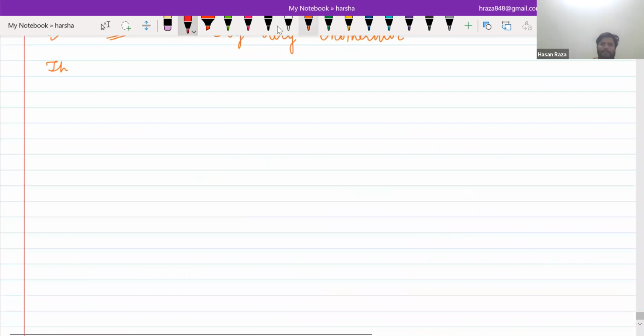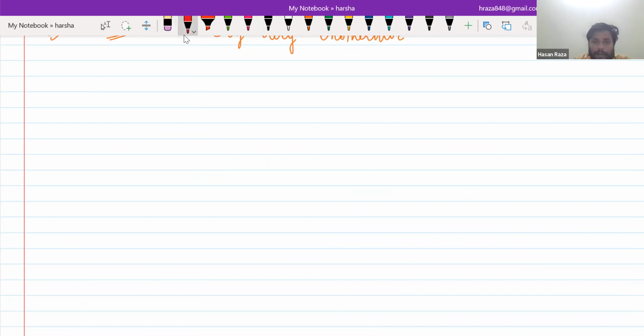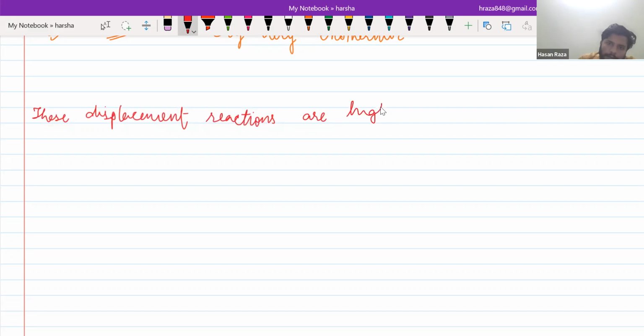Now see, since this reaction is a very highly exothermic reaction, it will produce a lot of heat energy. That's why the product, the metal, is produced in molten state. Physical state will be molten state. So I'm going to write: these displacement reactions are highly exothermic.